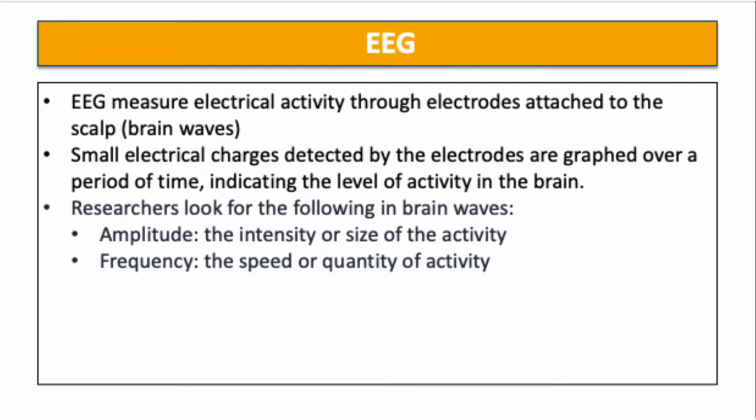Researchers are looking for 2 things when they're looking at the brain waves: the amplitude, which is the intensity, or if you like, the size of the activity, and then frequency, so the speed or the quantity of activity. Maybe a couple of areas there that you need to note down and don't have in your notes yet. So amplitude and frequency is what they're looking for in EEG electrical activity.